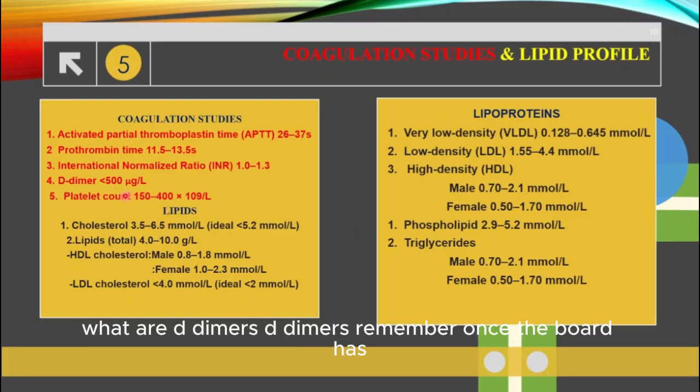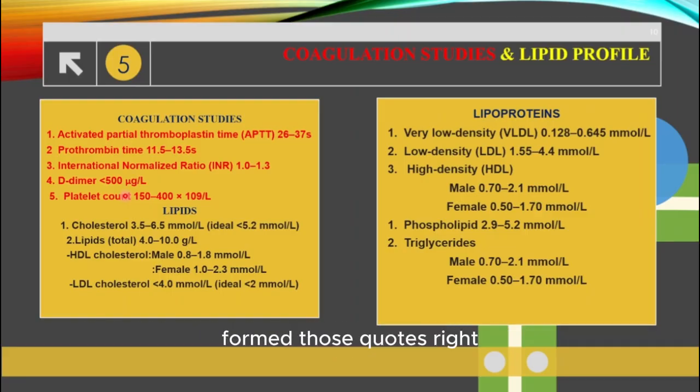So what are D-dimers? Remember, once the body has formed those clots, right? The body has been formed in the way that it does everything on its own, except that sometimes it fails. So once clot formation has occurred, the body will degrade those clots that have been formed. After the degradation of the clots, there are what are called fibrin degradation products.